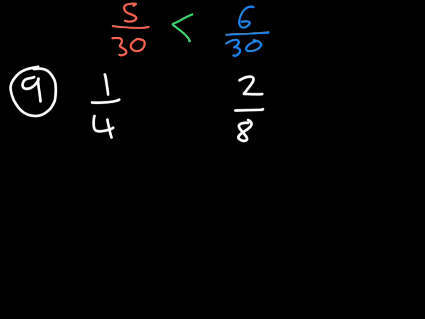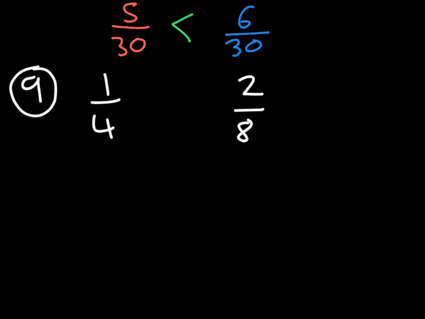For question 9, we're comparing 1 over 4 and 2 over 8. Now, there is a shortcut to this. I could multiply that by 2 and that by 2 because we know that 4 times 2 is going to give us 8, right? But just to get you guys into the practice of multiplying by the denominator of the other fraction, we're going to use the full method.